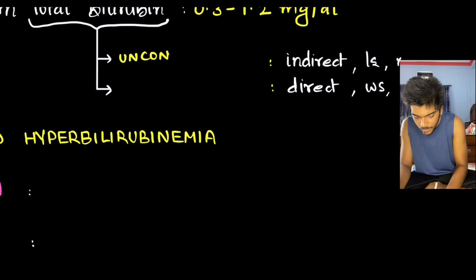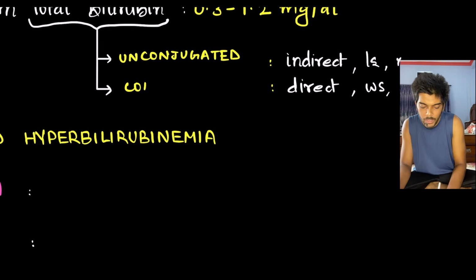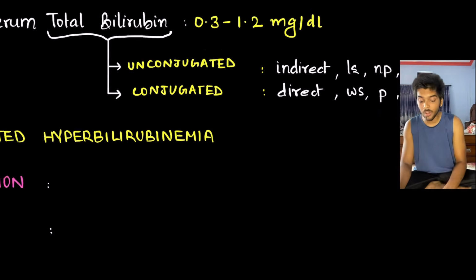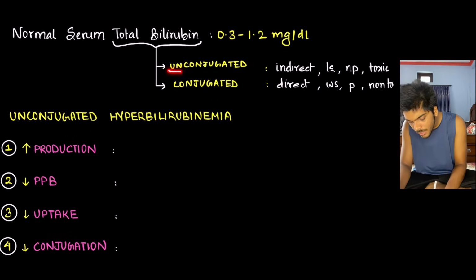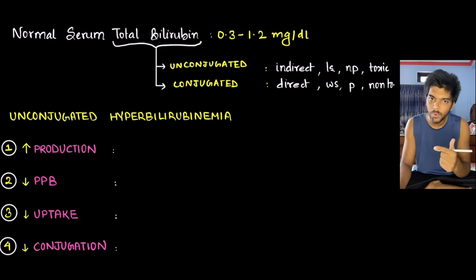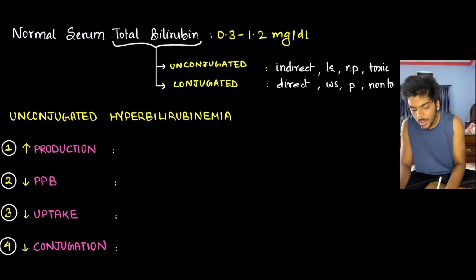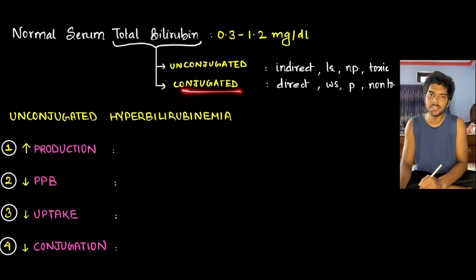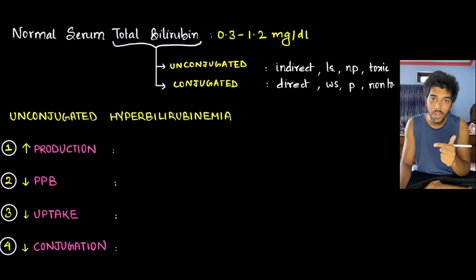Unconjugated bilirubin, which is also referred to as indirect bilirubin, and conjugated bilirubin, which is also referred to as direct bilirubin. And by now you must have already known that unconjugated bilirubin is lipid soluble, non-polar and toxic, while conjugated bilirubin is water soluble, polar and non-toxic.